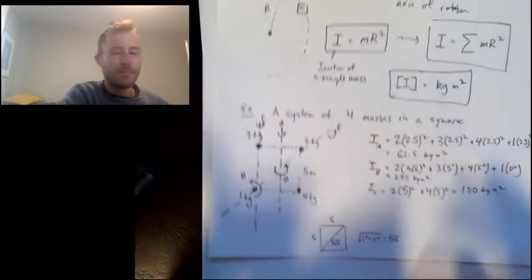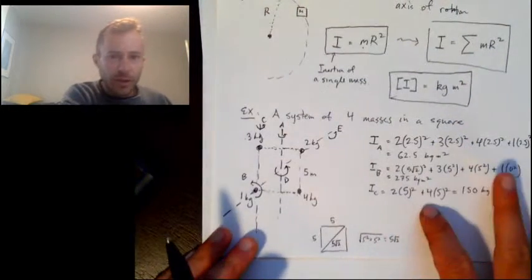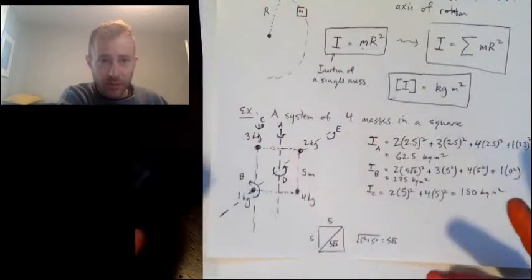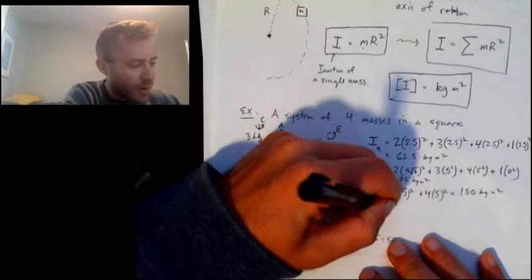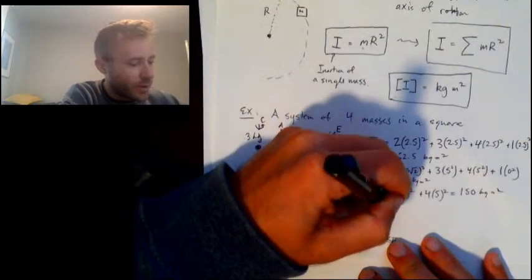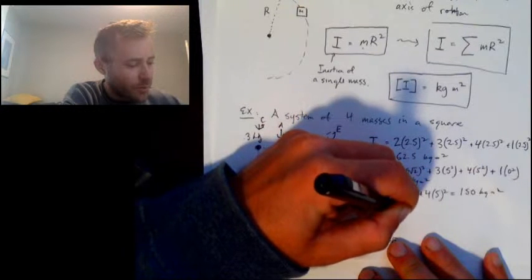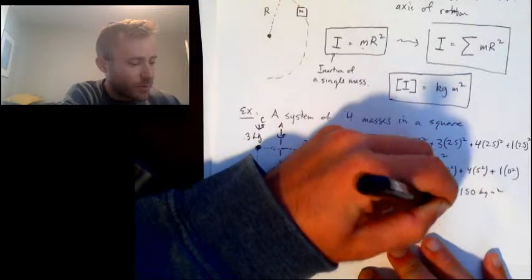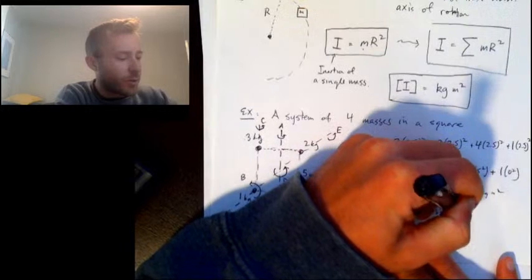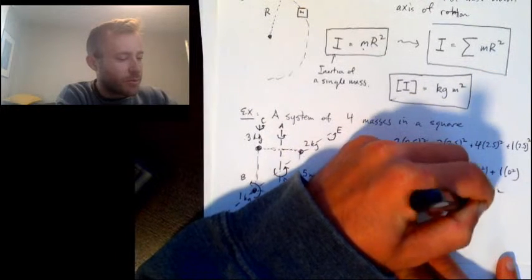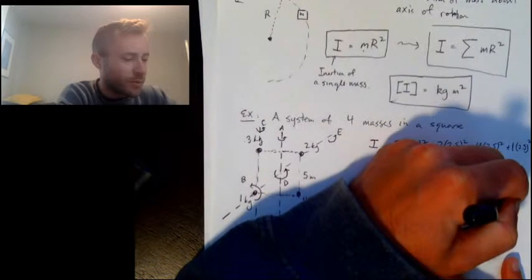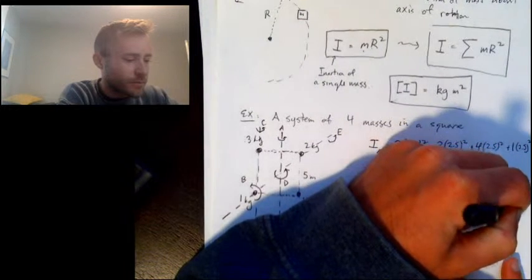All 4 masses are the same distance away from the center because it's a square. So the rotational inertia about axis D is going to be 3 times 5 over root 2 squared plus 4 times 5 over root 2 squared plus 1 times 5 over root 2 squared plus, what's the one I missed? 2 times 5 over root 2 squared.